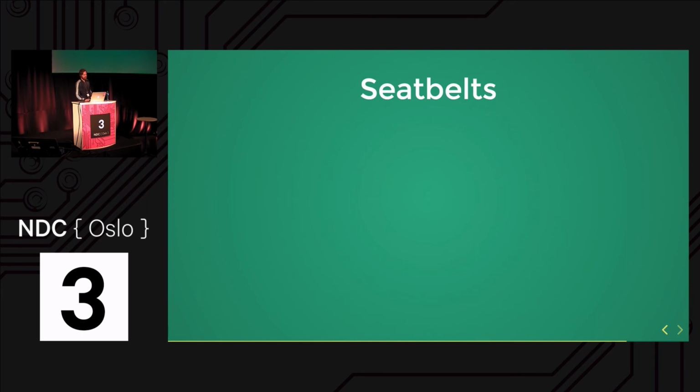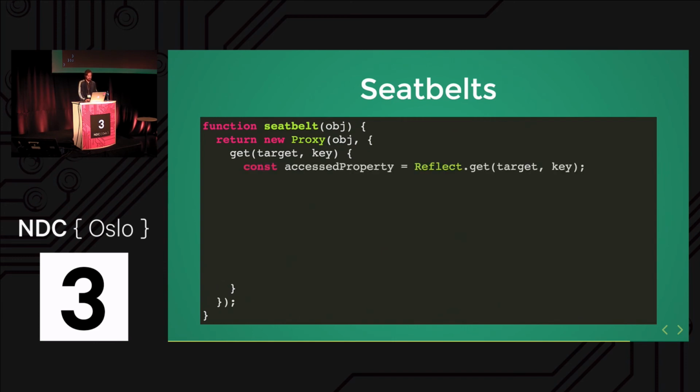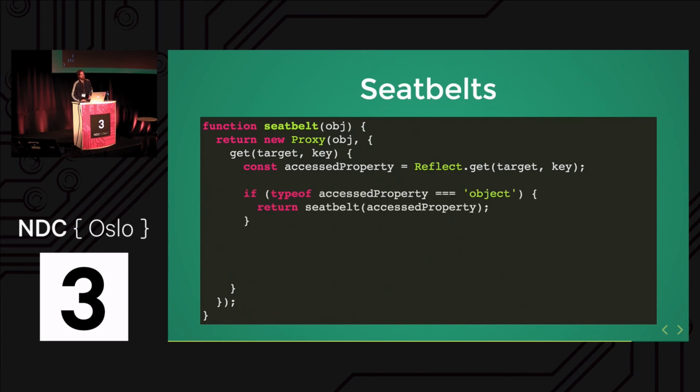So I could now make myself a function here that I chose to call Seatbelt, where we return a new proxy. So we're wrapping an object in seatbelts here. And we are returning a new proxy of that object, where we have this getter trap. And we can say that the first thing you can do is just get whatever you're trying to get from that object. Then we could say that if whatever you try to access is an object, we'll just return a seatbelt version of that object to you, so that it's recursively doing this seatbelt thing.